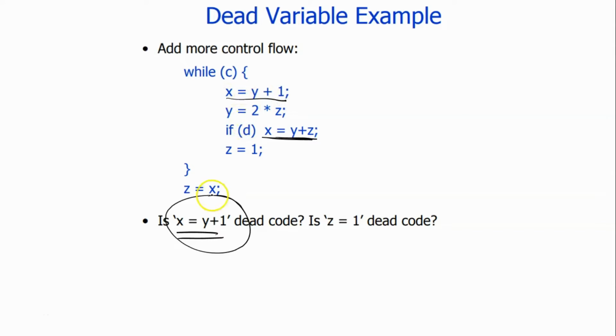You might use it in the last instruction. Actually, no, this is not a use. Sorry. You can see this is a definition, this is a definition. This is not a use.